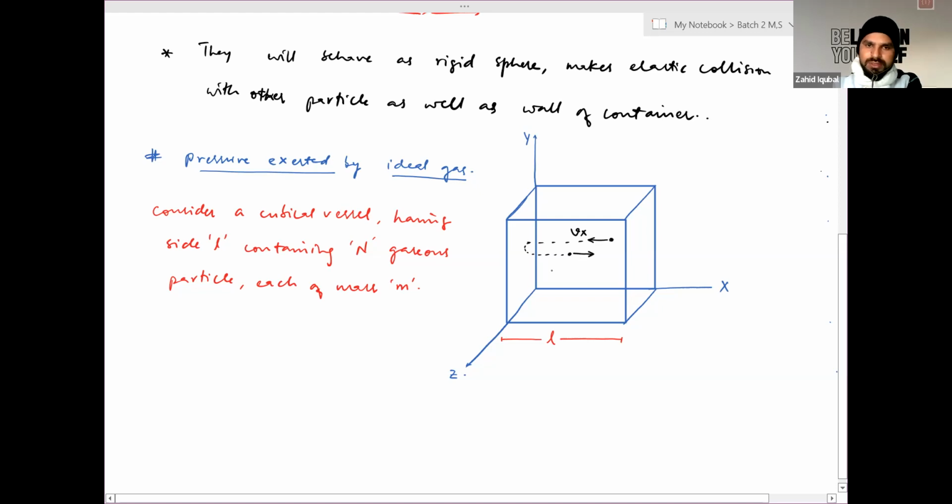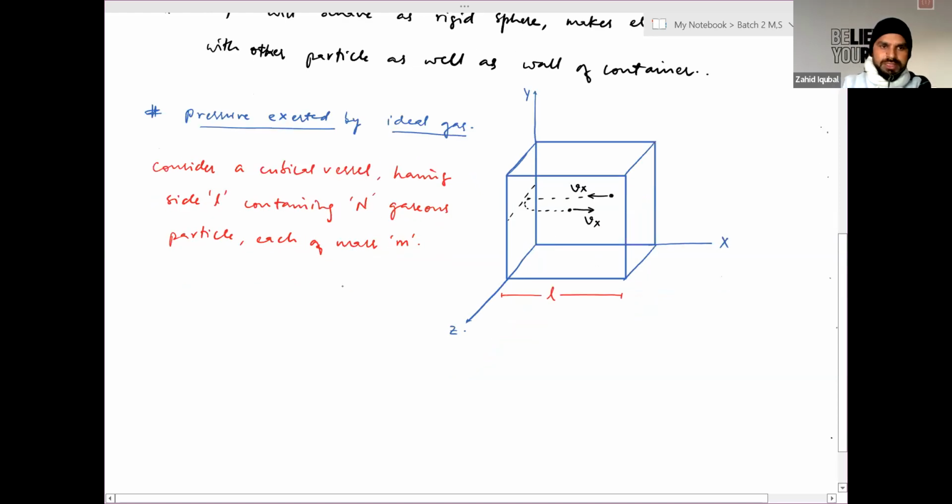Since this collision is elastic, there will be no change in its velocity on collision. So first we have to calculate the change in linear momentum during this collision.